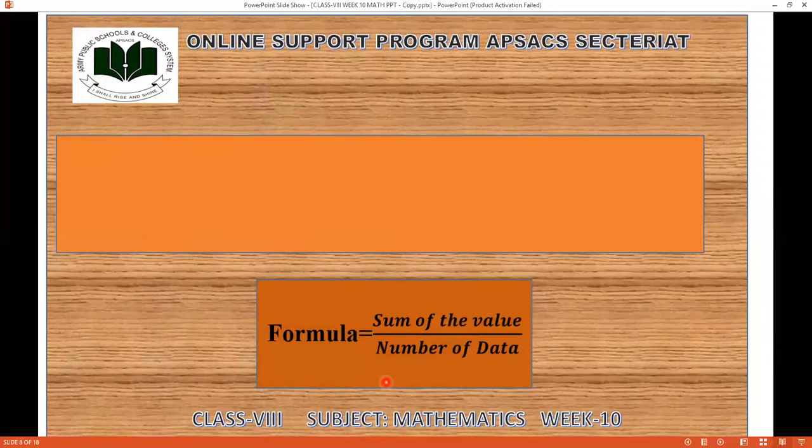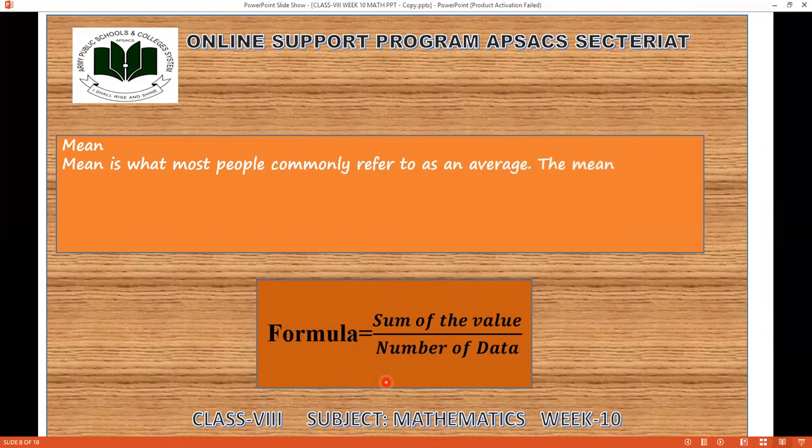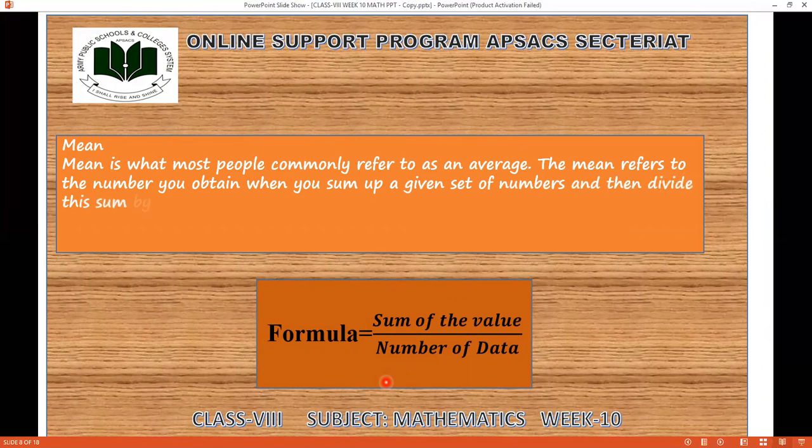Here we are having the proper definition of mean. What is mean? Mean is what most people commonly refer to as an average. The mean refers to the number you obtain when you sum up a given set of numbers and then divide this sum by the total number in the set.